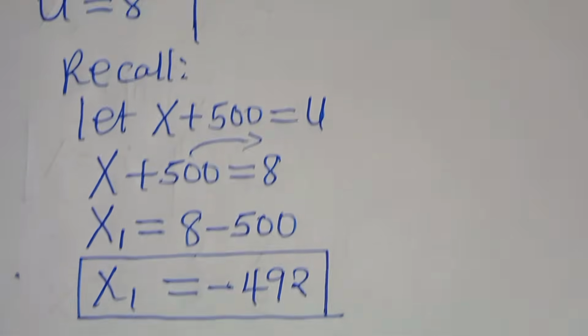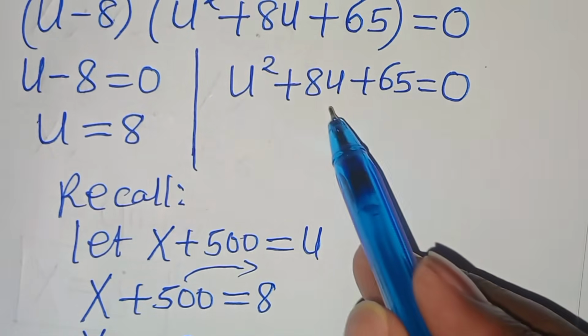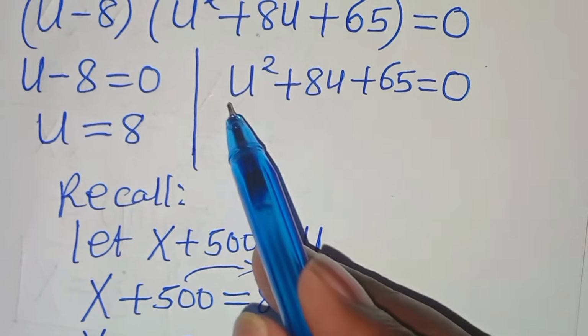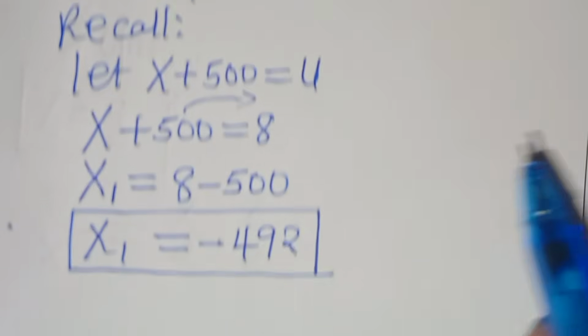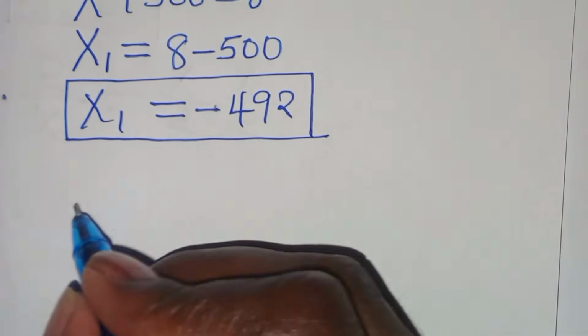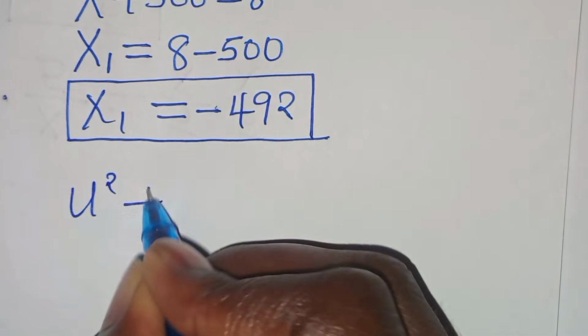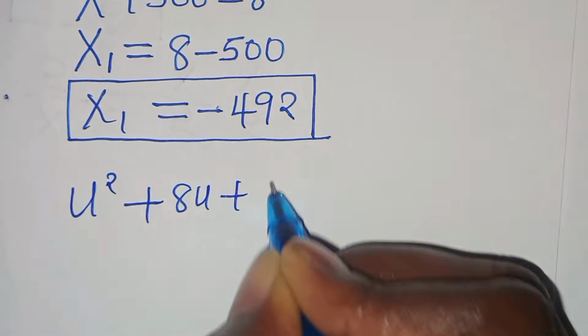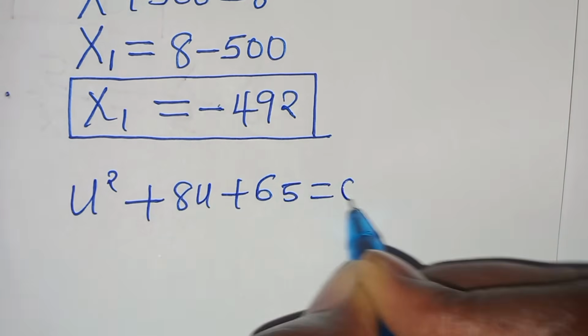Now we have u squared plus 8u plus 65. This is a quadratic equation. So this is u squared plus 8u plus 65 equal to 0.